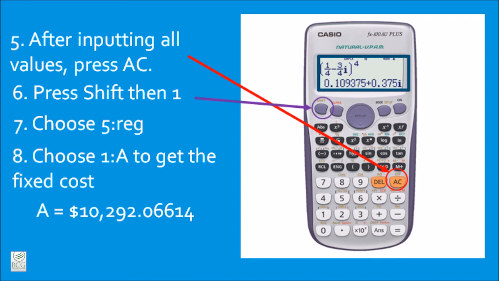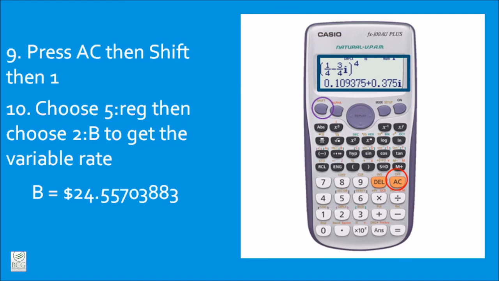Then we're going to repeat the process to get the variable rate, or letter B. Press AC again, then shift, then 1, then choose 5 for regression, then choose 2 to get the B, or the variable rate, which should be 24.55703883 in your calculator. So that is how the regression works.